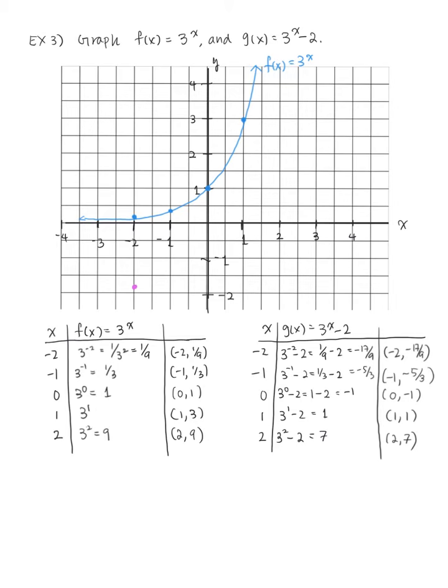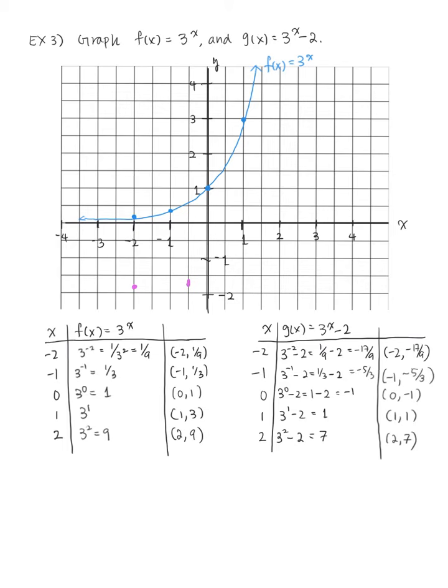All right, now when x is -1, our y value is -5/3. That's the same thing as -1.7 approximately. So -1.7 would be maybe over here.